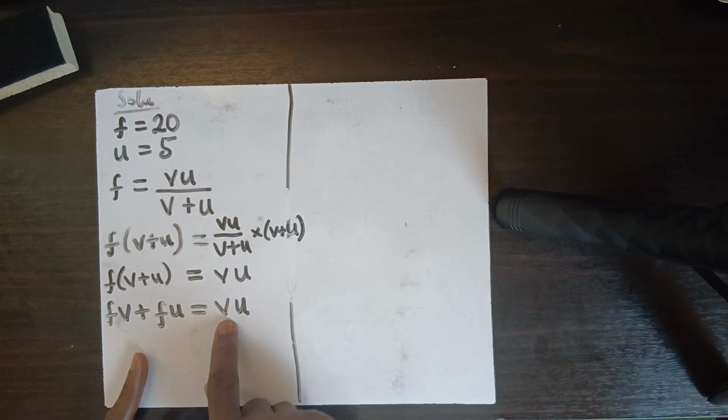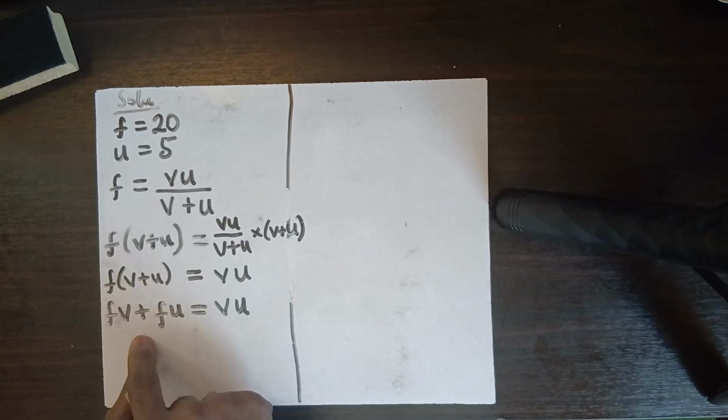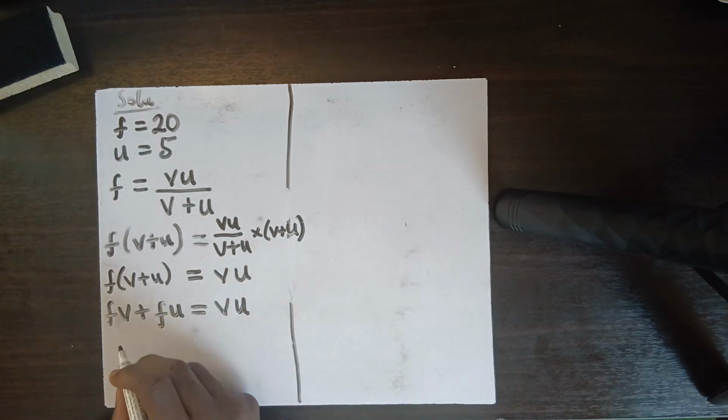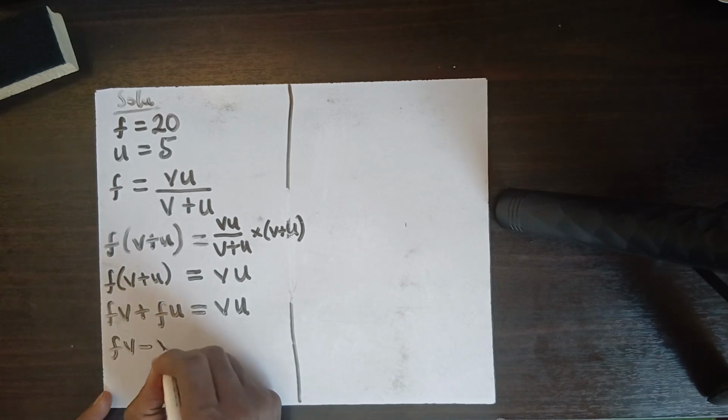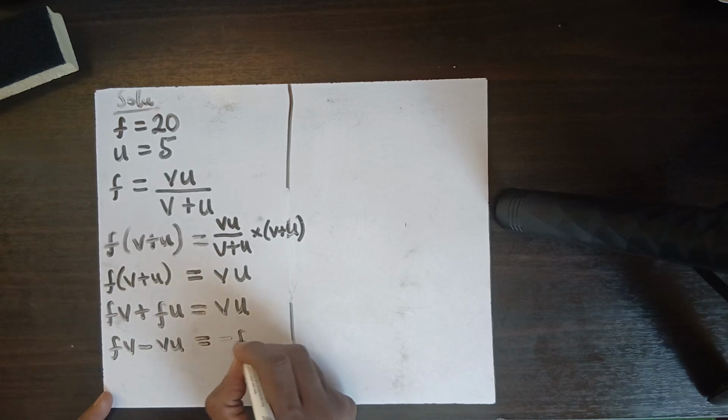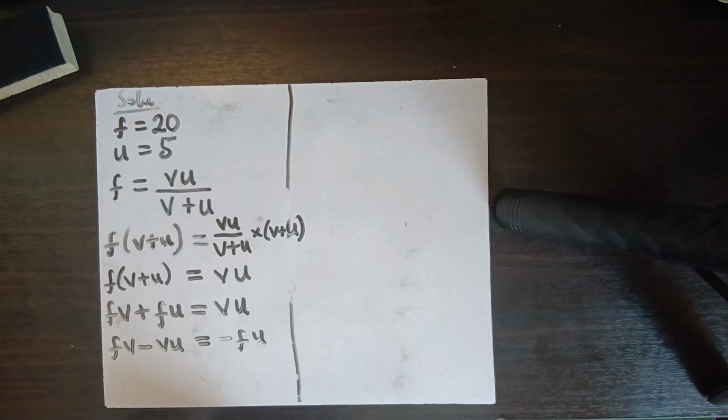VU is positive, so when it comes to the left hand side it becomes negative. FU here is positive, so when it comes here also it becomes negative. So I have FV minus VU equals negative FU. I hope you got that.